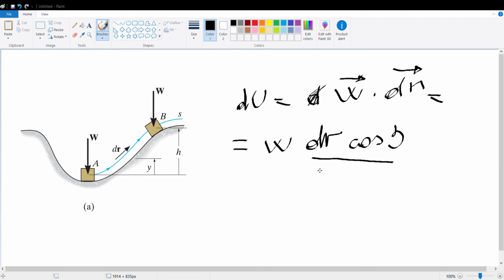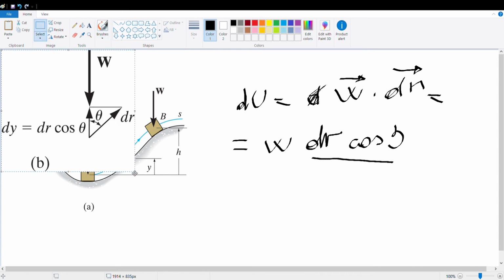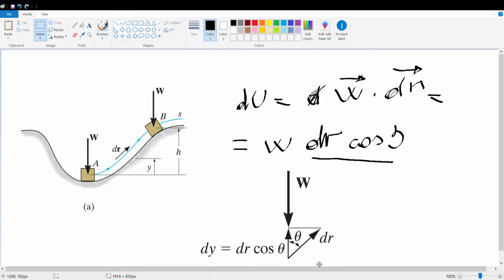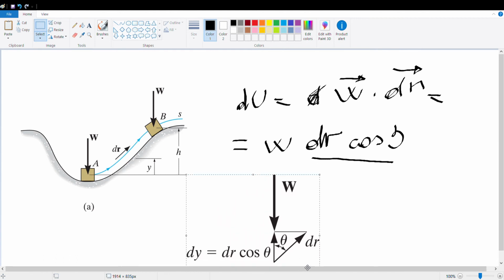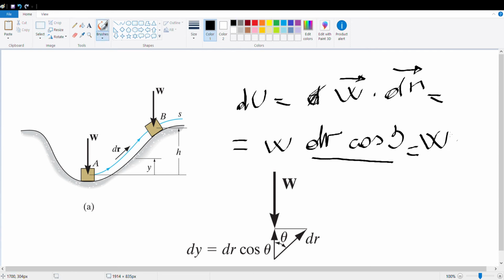Now dr cosine of theta is clearly, if we look at this triangle here, equal to dy. So this is equal to W dy.